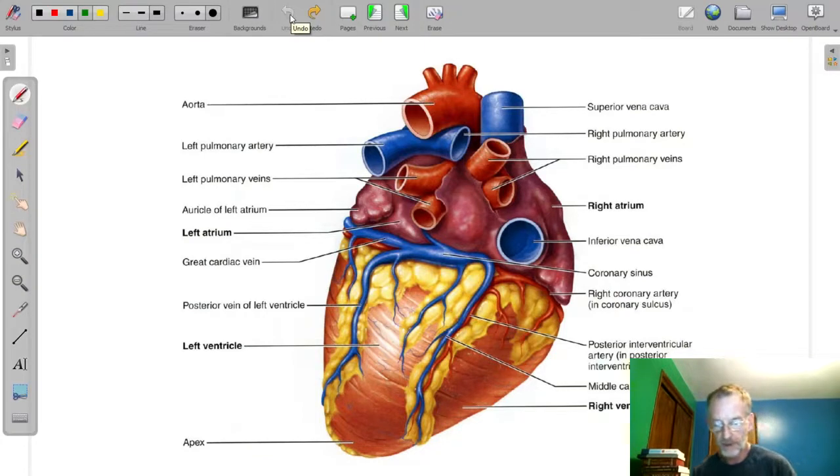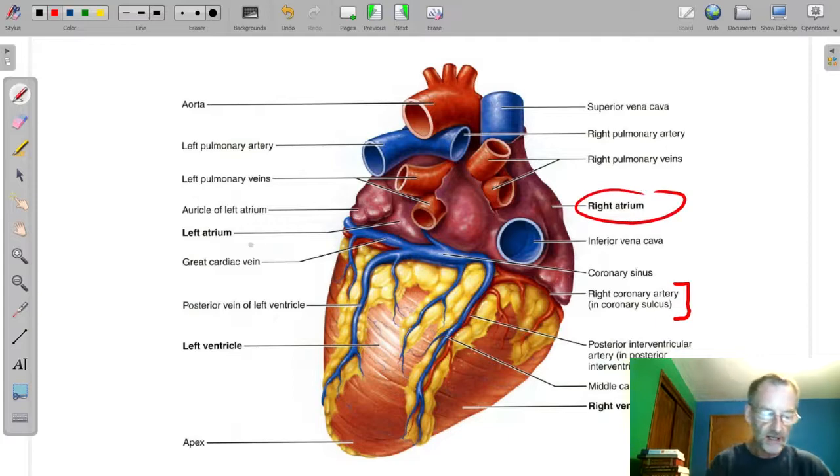And what we're showing here is the posterior interventricular artery. Now it's flipped around. So this is the right coronary artery. So you're looking at it from the back side, still assuming anatomical position. So this is the right atrium, the right side, and we have the left side on the left. You're looking behind the heart.